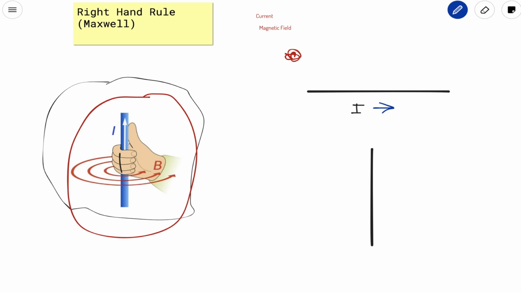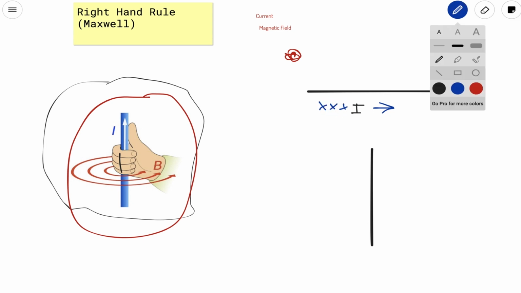So basically, just get in a comfortable position so it enables you to wrap your fingers around correctly. Your palm's facing up because it's going to the right. You wrap around it, you notice that it first goes into the page, then you wrap around it, and then it goes out of the page towards you. So as it first goes into the page, it's gonna be into the page below, and outside it's gonna be out of the page.